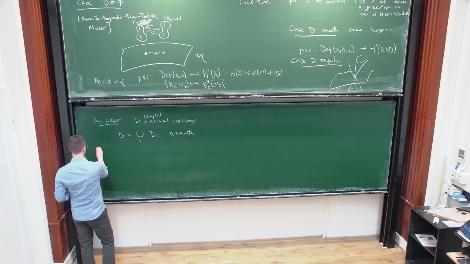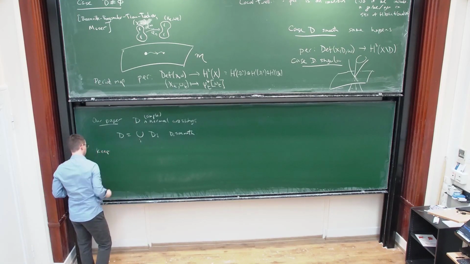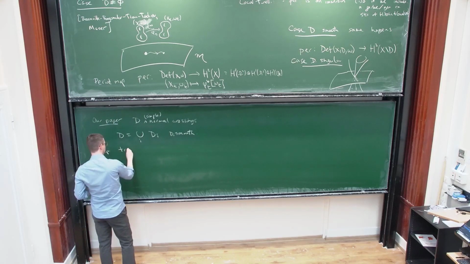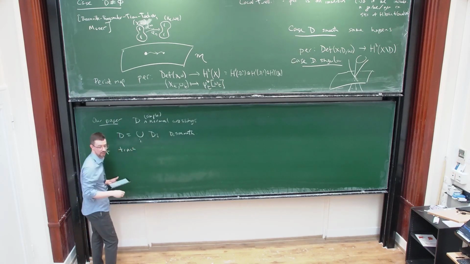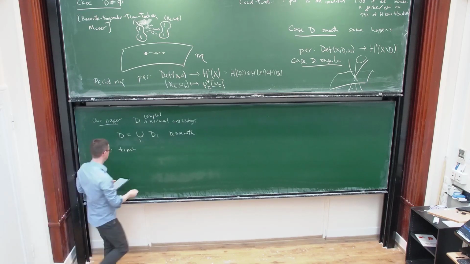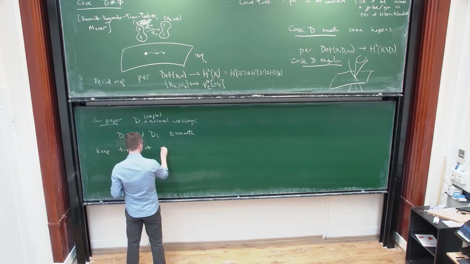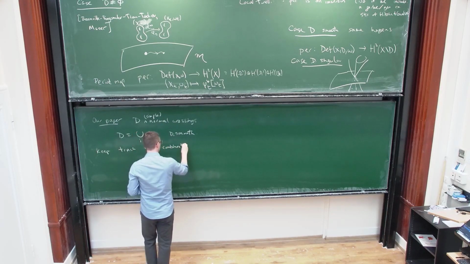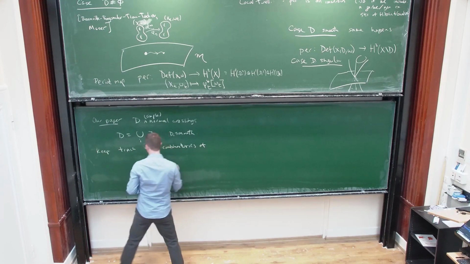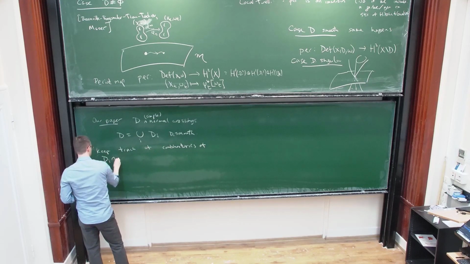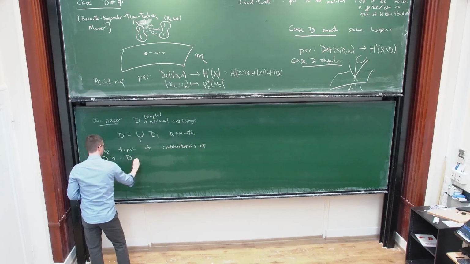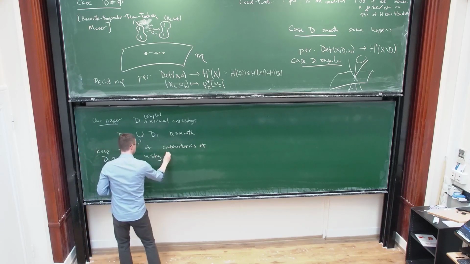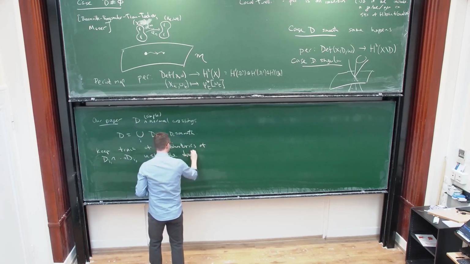And I'm going to follow the useful method of bookkeeping, which is to track the combinatorics of the intersection of all these divisors in a simplicial complex, sometimes called the dual intersection complex.